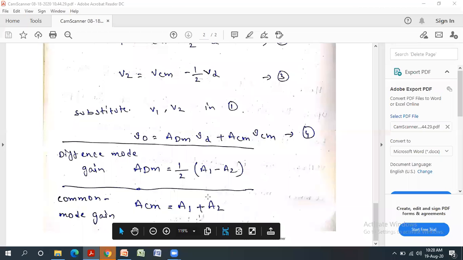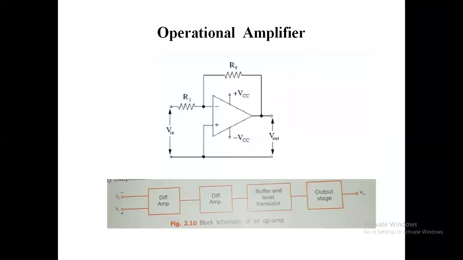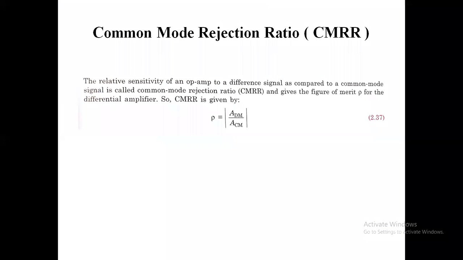Coming to our differential amplifier discussion, an additional point arises, that is the common mode rejection ratio. How can we define common mode rejection ratio? When two input voltages are the same, and those two input voltages are applied to the differential amplifier, it has to be operated in common mode configuration.